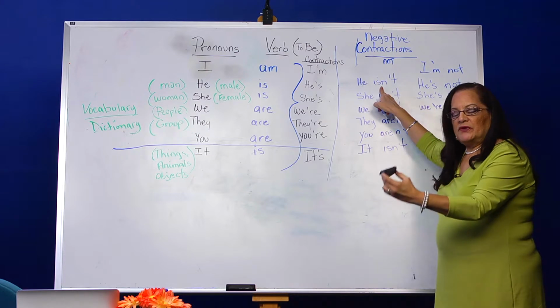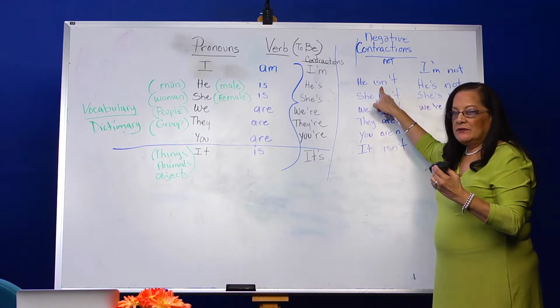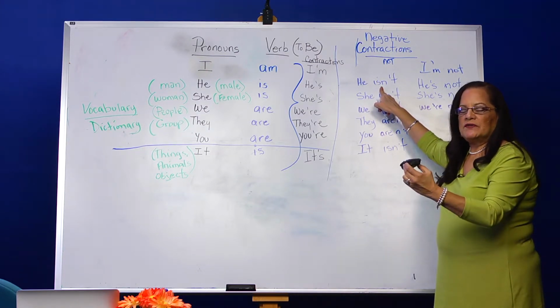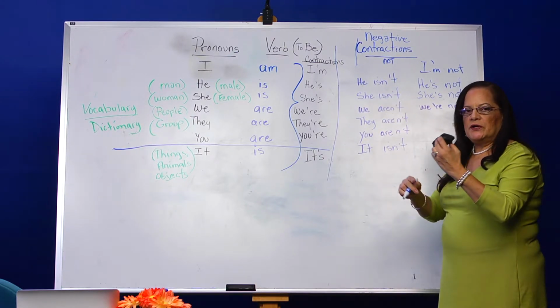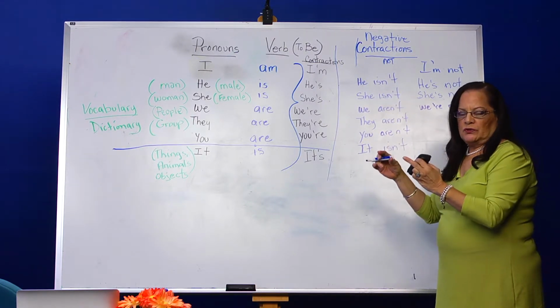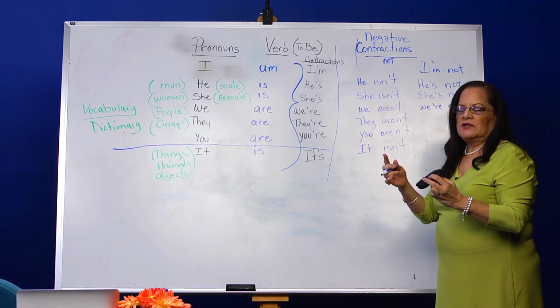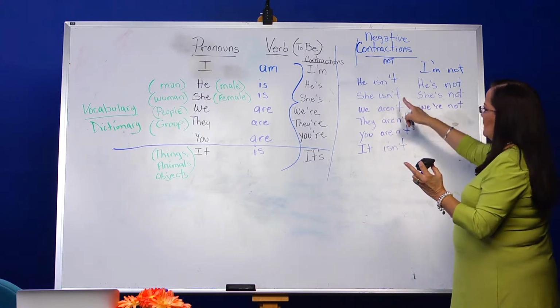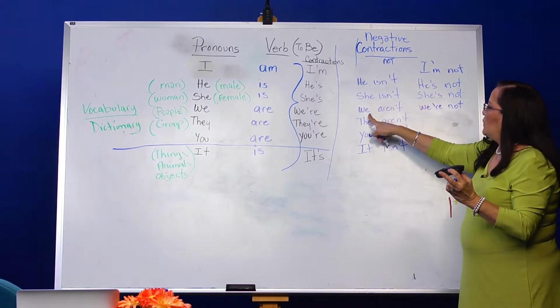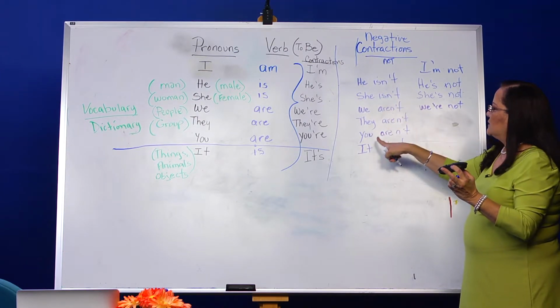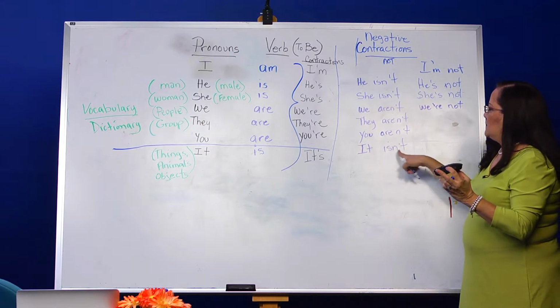When you are pronouncing, I highly recommend that you pronounce it with he is not. As you get familiar with the tone of pronunciation, then you can start making it shorter. He, she isn't. We aren't. They aren't. You aren't. It isn't.